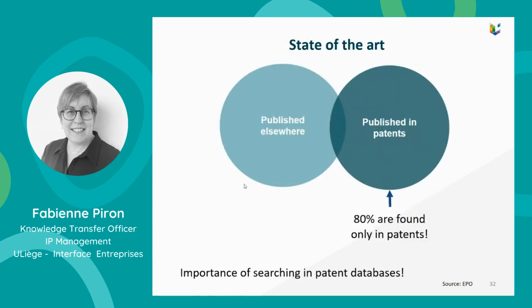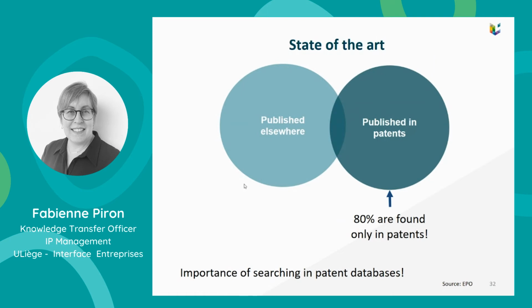So this slide illustrates the state of the art. Prior art or state of the art, it is the same. So the state of the art is composed of published information. On the left side, you see the blue circle representing information published elsewhere, scientific or general information.